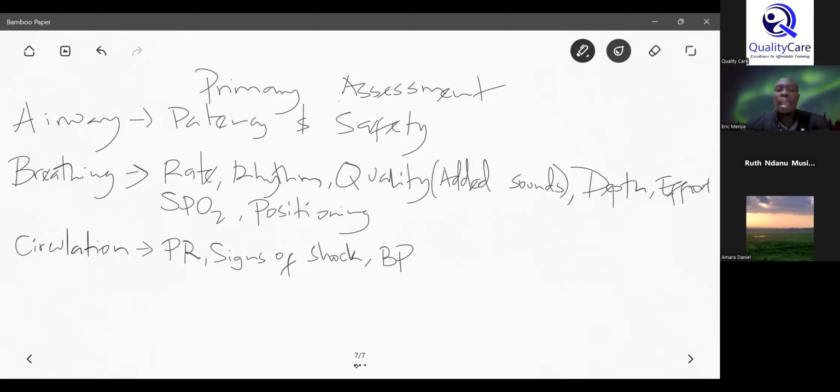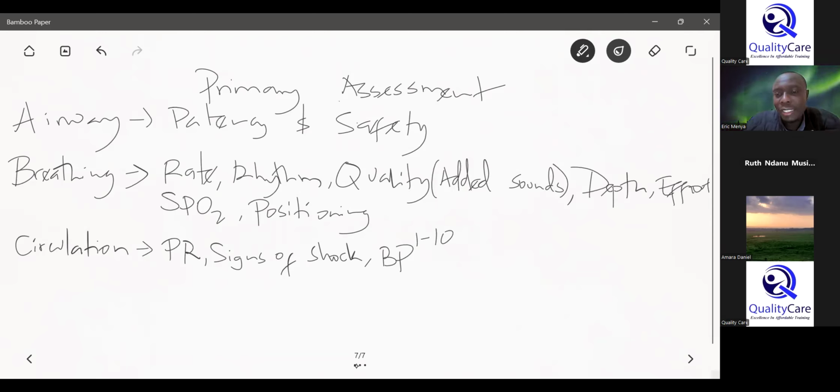So the cutoff for hypotension, for those aged 1 to 10 years, is a systolic blood pressure of 70 plus 2 times the age. That is the bare minimum. For anyone less than 1 year, the bare minimum is 70.